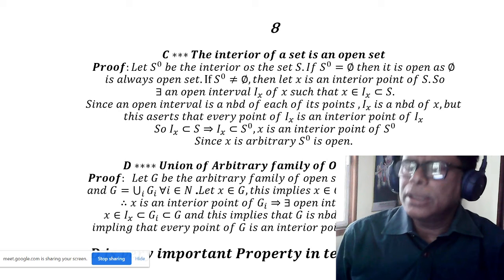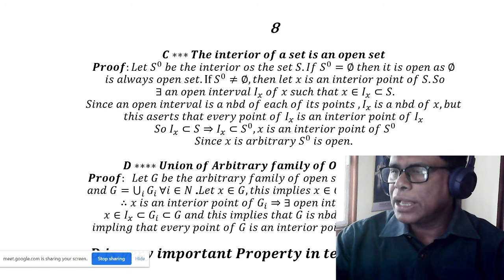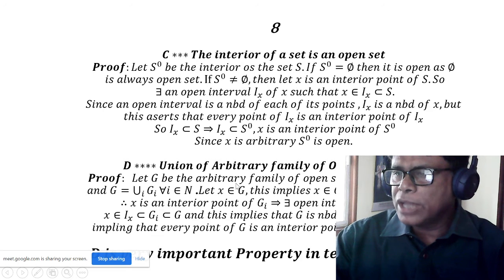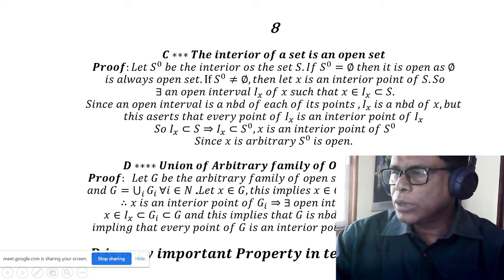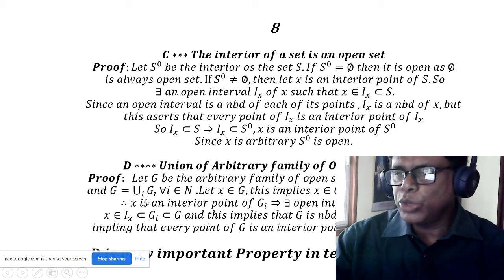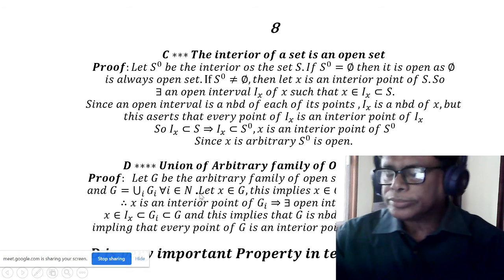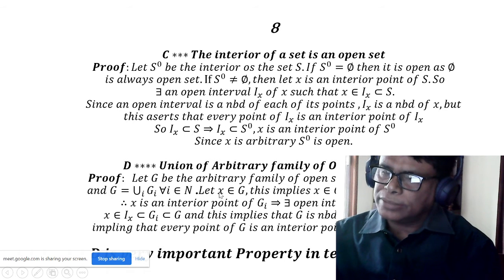So let G be the arbitrary family of open sets, with Gi belonging to the family for all i in the index set, and G is equal to the union of Gi.